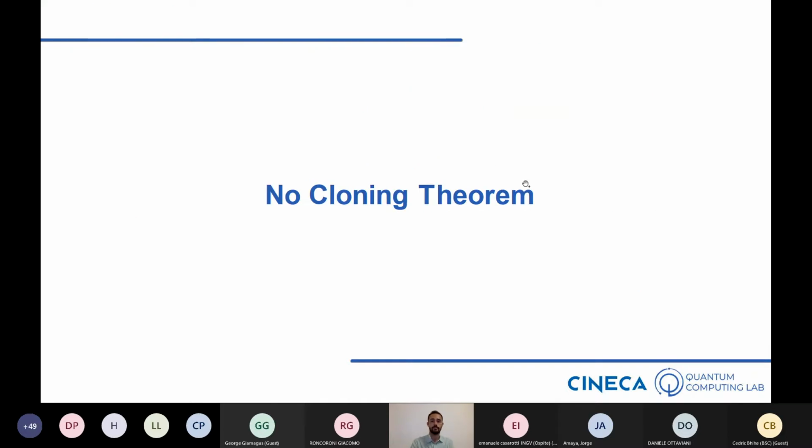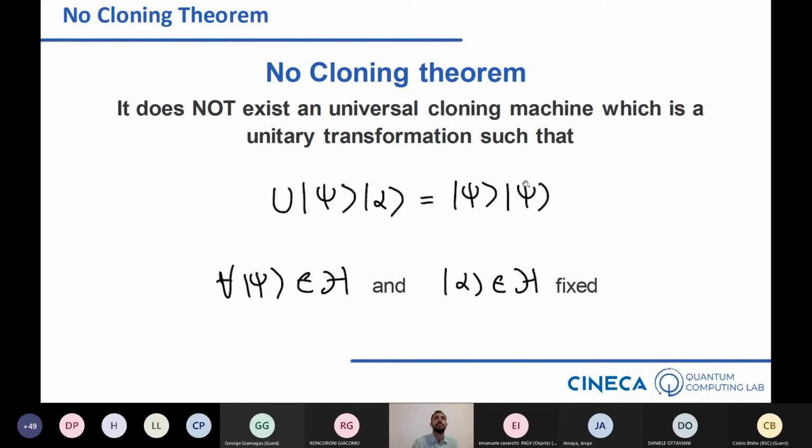First of all, the no cloning theorem. The theorem states that there does not exist a universal cloning machine, which is a unitary transformation or an operator U, such that when U is applied to a state psi, the state that I want to copy, and alpha, a blank state where I want to store the copy, it generates the new version of psi that is exactly equal to psi.